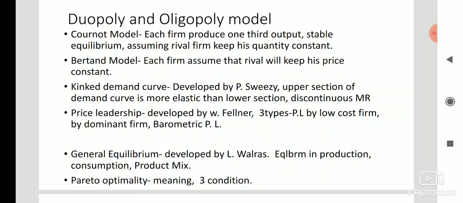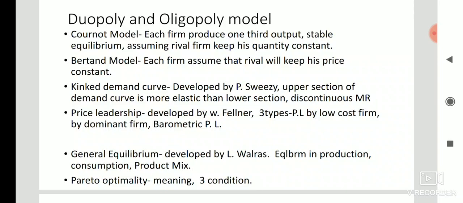Then sometimes questions come from general equilibrium. General equilibrium can be defined as a state in which all markets and the decision making units are in simultaneous equation, or it can be explained as: general equilibrium exists if each market is clear at a positive price, with each consumer maximizing satisfaction and each firm maximizing profits.